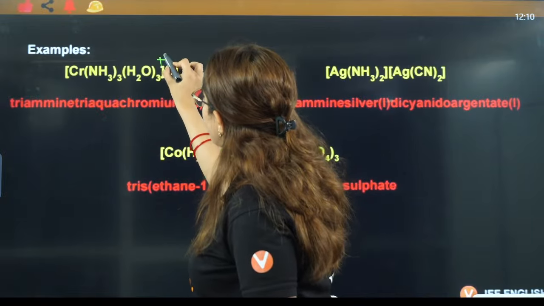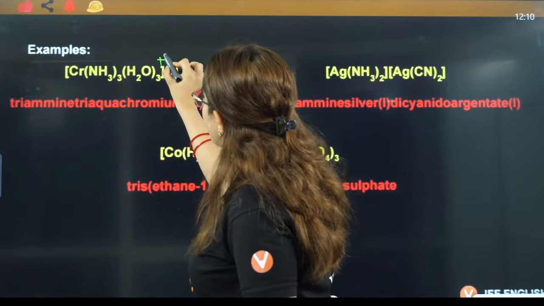This is ammine, this is aqua, so I'll write ammine first. Three ammines are there, so I'll write triammine, triaqua, chromium, because the coordination entity is a cation, so I'll write chromium simply. Now what is the oxidation state of chromium here? This will be X plus 0 plus 0, which equals +3. So the oxidation state is +3, and the counter ion you can simply write, don't write trichloride, no.